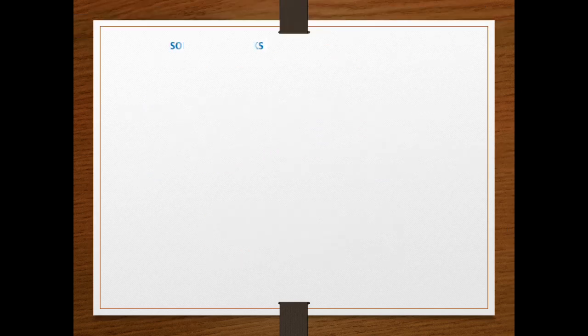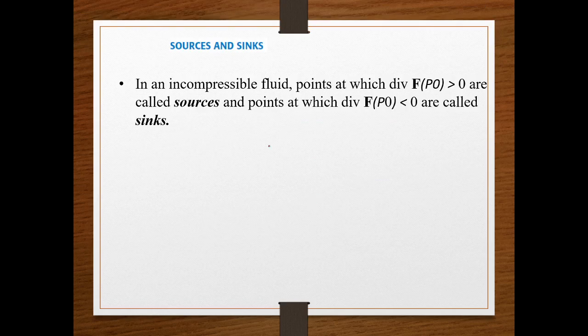Now I will define what sources and sinks are. In an incompressible fluid, the points P naught at which the divergence of F at P naught is greater than 0 are called sources.